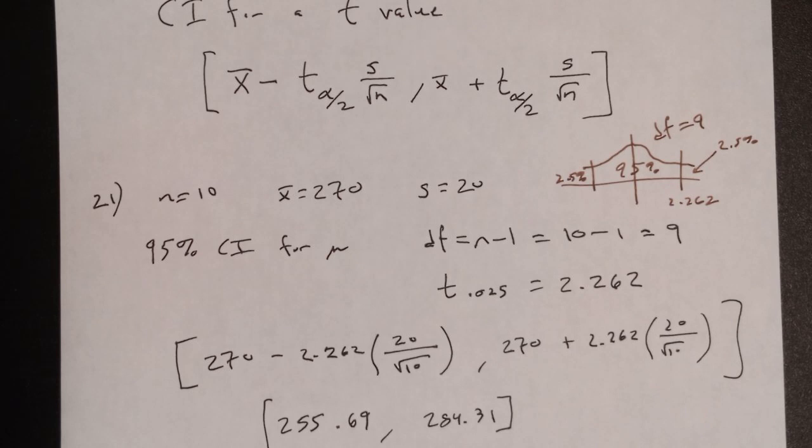X bar was a good estimator for mu. And this is how good it is. How big's the variability? I said that proportion also had a good estimator in P.